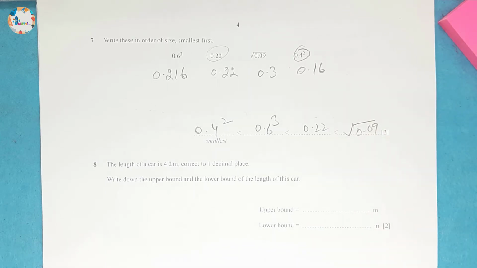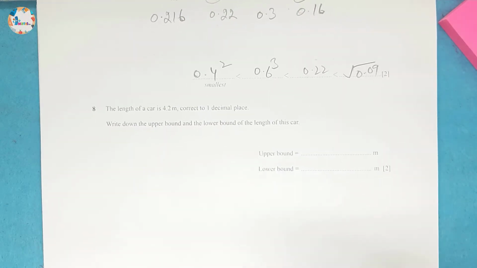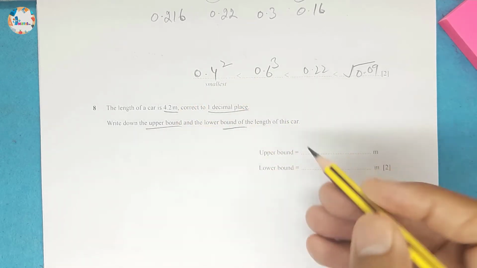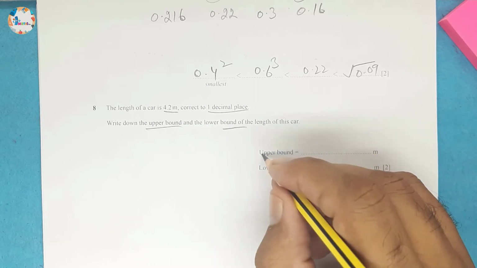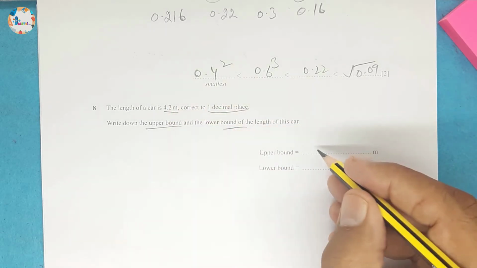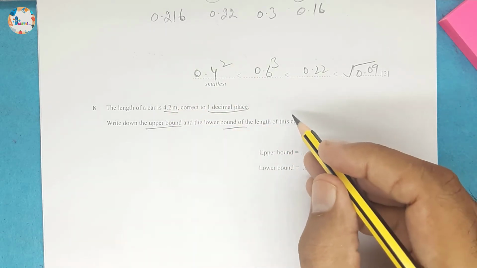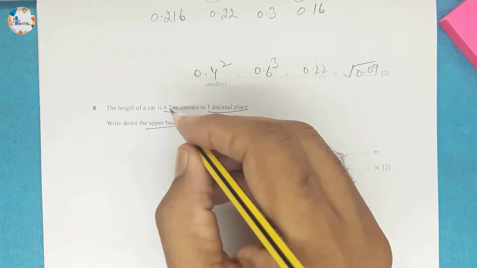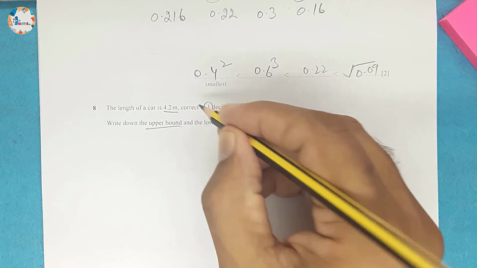Then question number 8. The length of a car is 4.2 meters, correct to one decimal place. We have to provide the upper bound and lower bound. We will be adding half of 0.1, which is 0.05, for one decimal place.